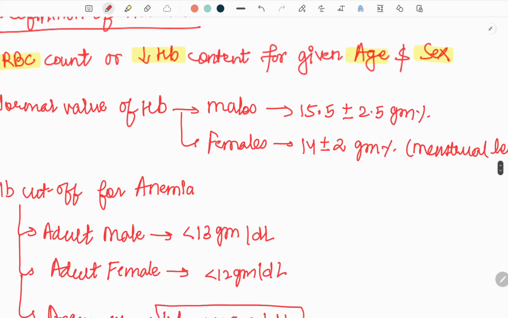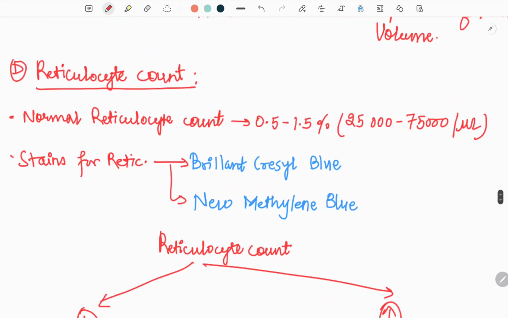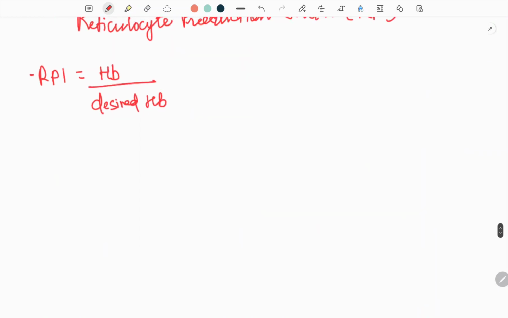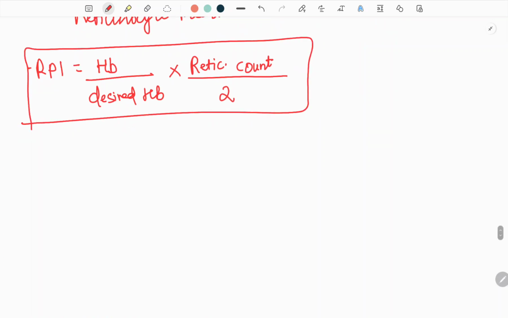This is the desired hemoglobin. Okay. So hemoglobin content of the patient divided by desired hemoglobin into the reticulocyte count, retic count divided by 2. Fine. This is the formula.